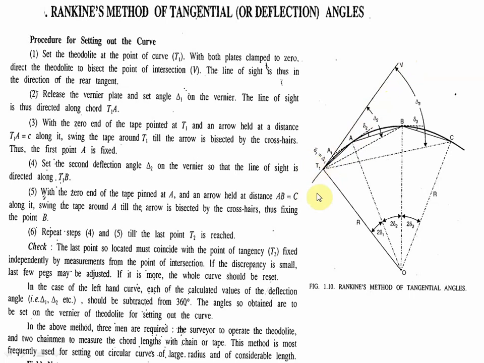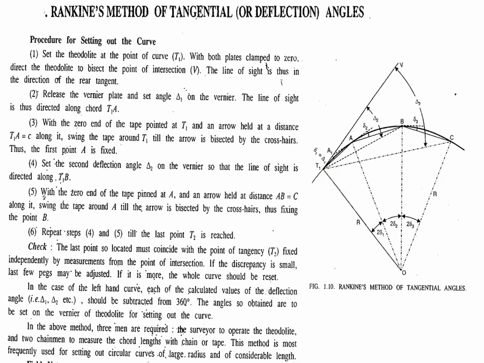First fix the point at T1. Clamp both the plates to 0 and bisect the point V. Next, release the vernier plate and set the deflection angle delta 1 on the vernier.